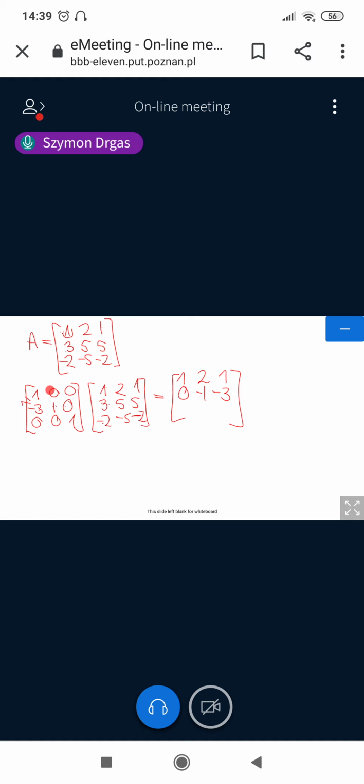Okay. -3 plus 5 is 2. And then I want to rewrite this third row of the second matrix unchanged. So it's -2, -5.